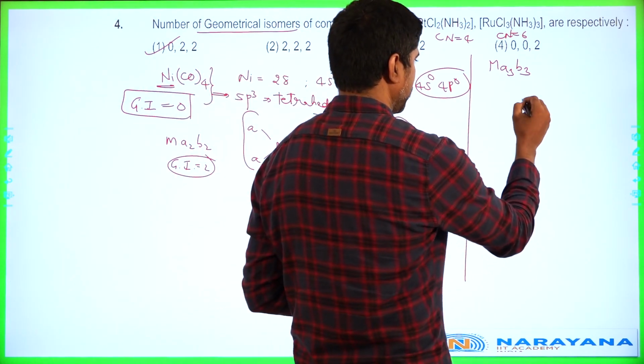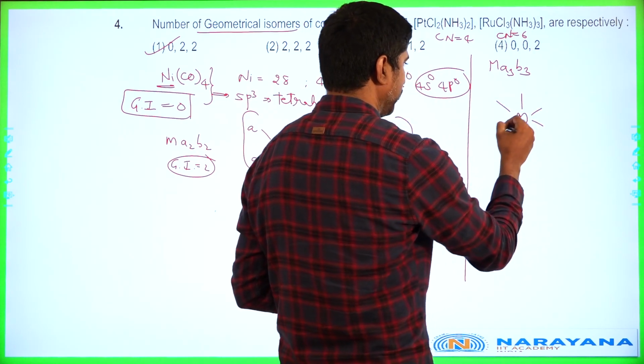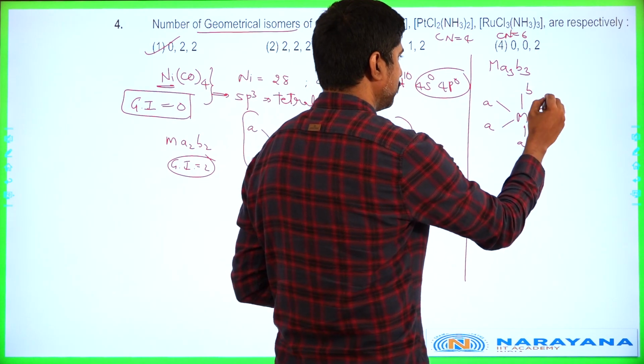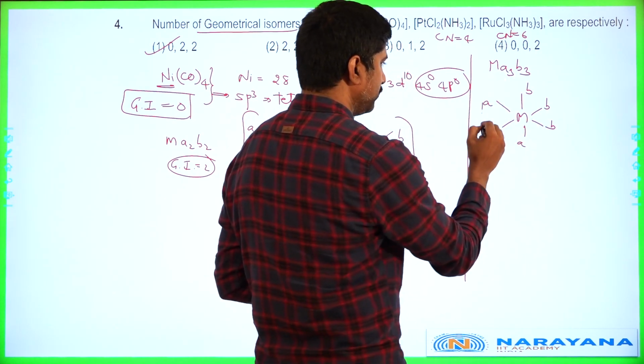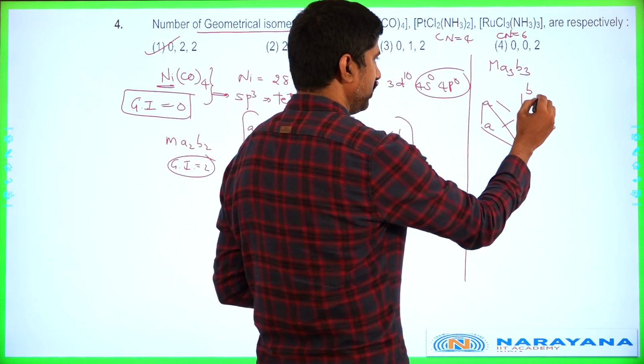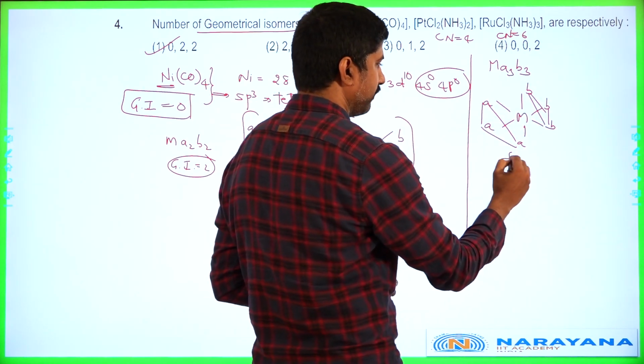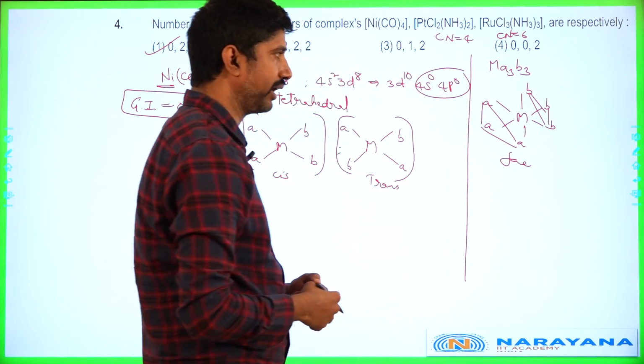So, M we can write here, coordination number 6, so all A's here and B's here. If you join them, what form is it? So this is the FAC form, facial isomer.